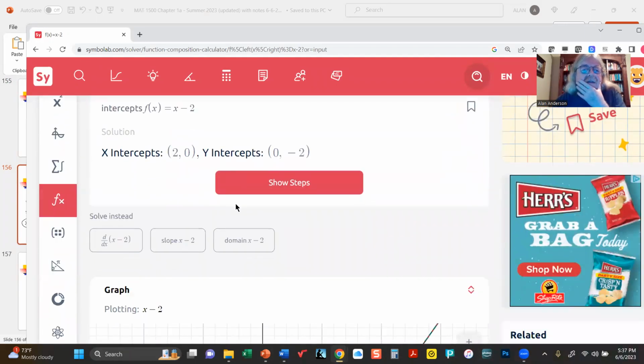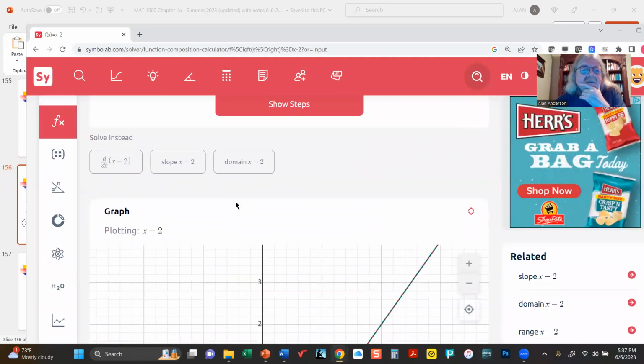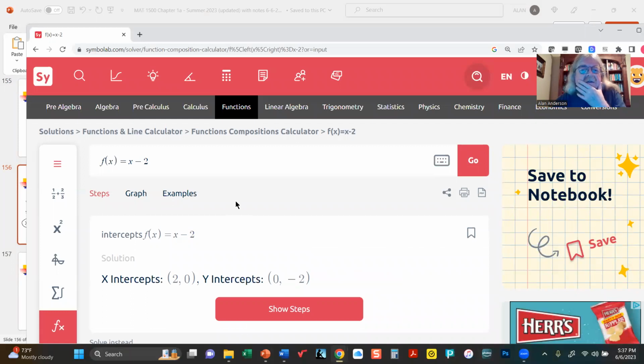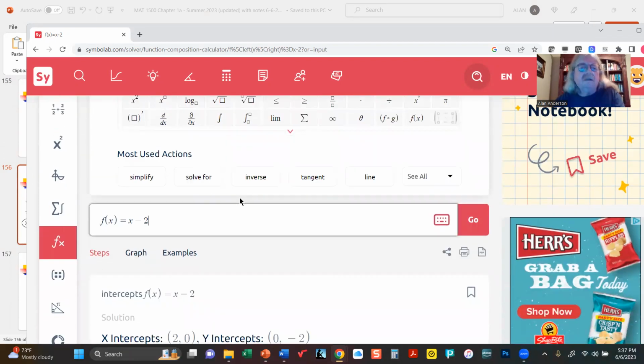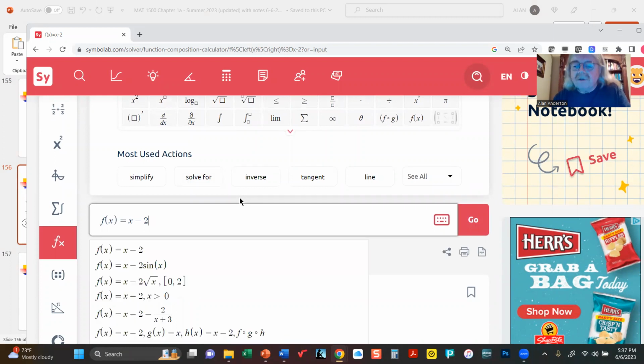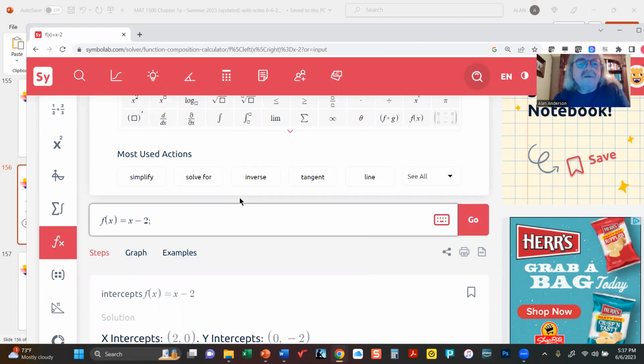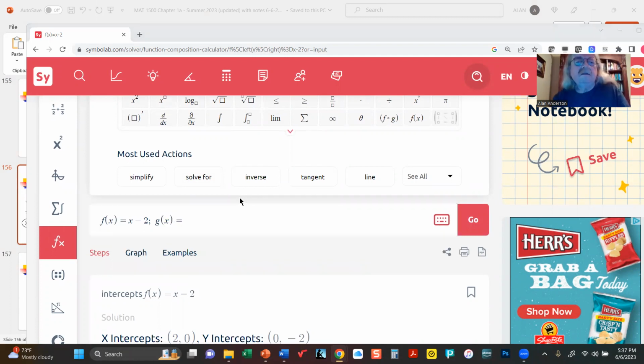It's very frustrating because it's not the least bit obvious to me right now what I'm supposed to do next. I mean, it does say composition calculator. No, let's try this. It used to give me a second line to type on. Is it x squared plus 1?